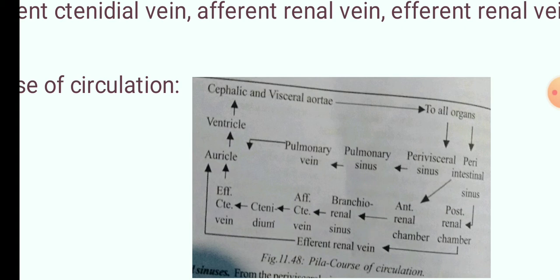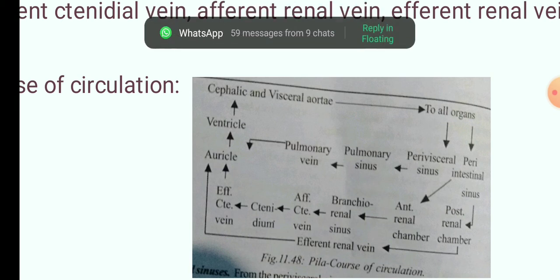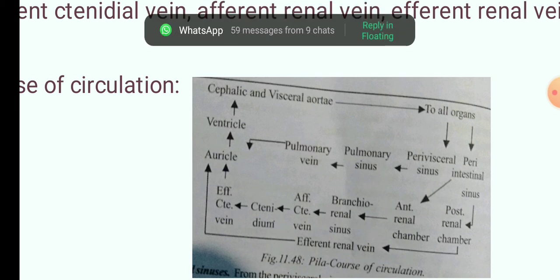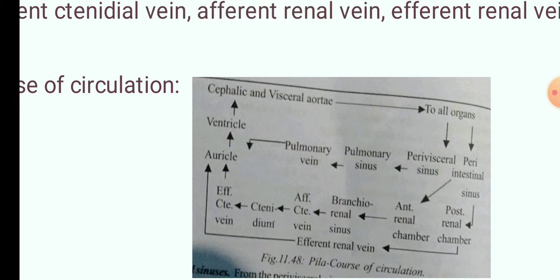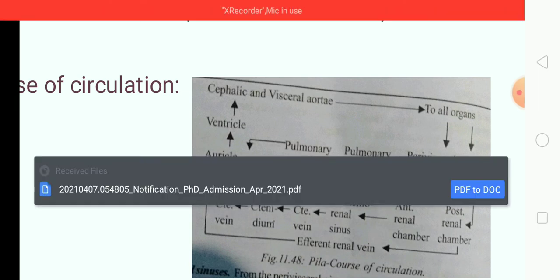During aquatic respiration, the blood from the branchiorenal sinus passes into the tenadium through the afferent tenadial vein, and after the exchange of gases, the blood passes through the efferent tenadial vein into the auricle.